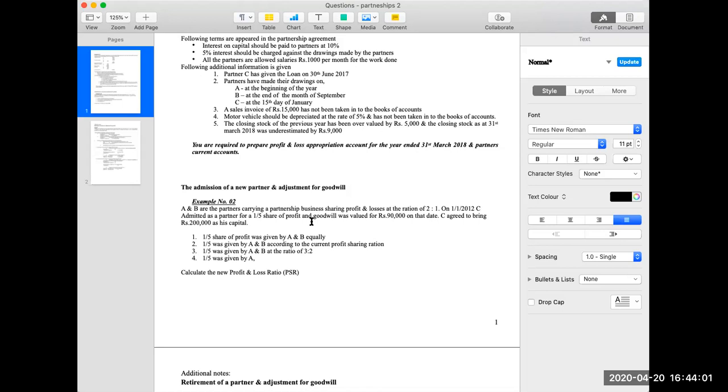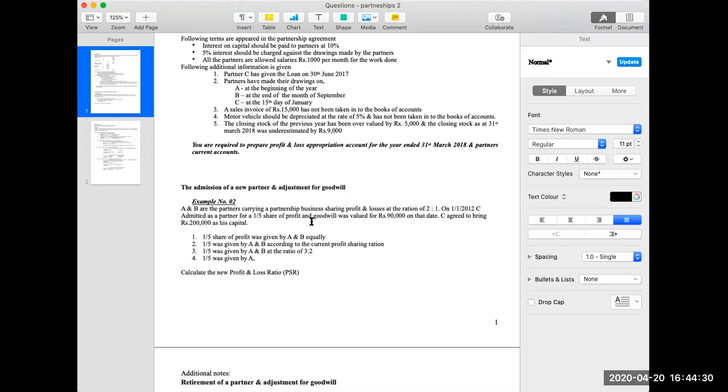So 2 to 1 means A is getting 2 out of 3, B is getting 1 out of 3. So in order to calculate A's new profit share, we have to deduct 1/10 from 2/3 profit share.